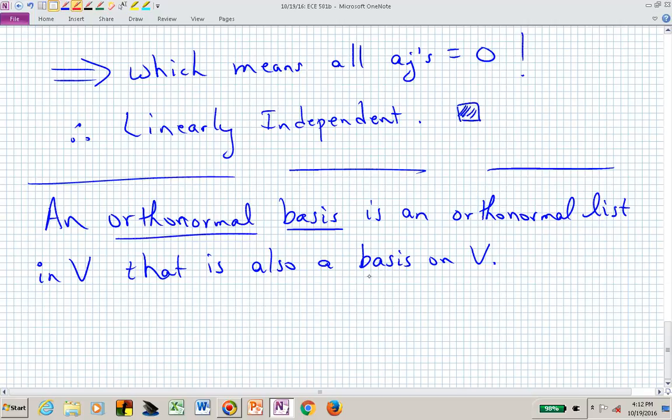If we have a basis on our vector space, what properties do those vectors have to satisfy? They span V and they're linearly independent.